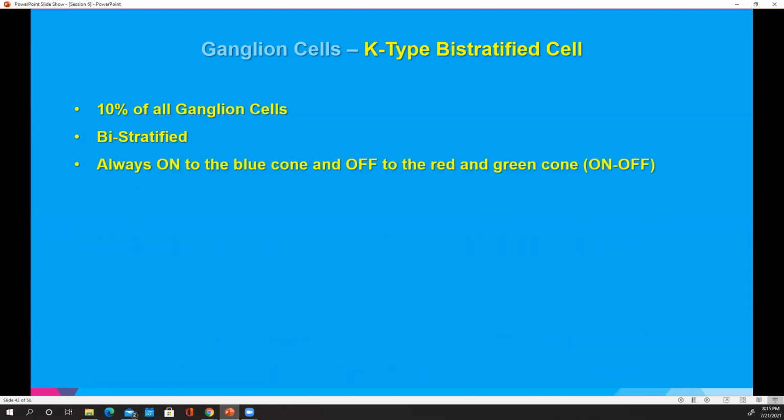But here's the weird thing. This guy deals with something odd. It's always on to a blue cone that's sending its stuff and always off to some red-green cone. So he's kind of got tendrils in both. And then he projects to the coniocellular cells in the LGN. So this is the K type.